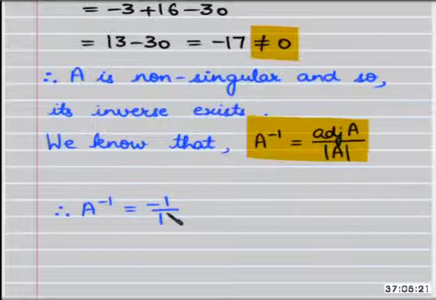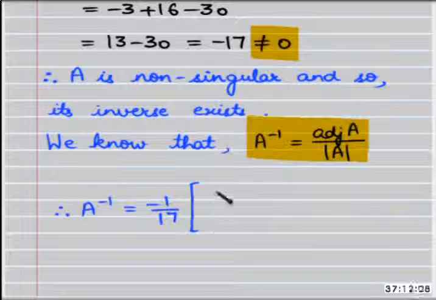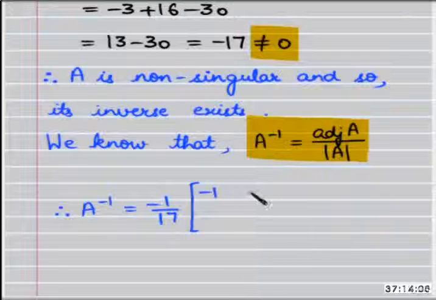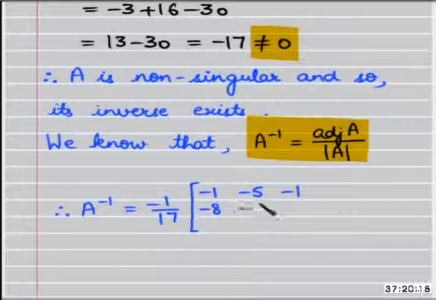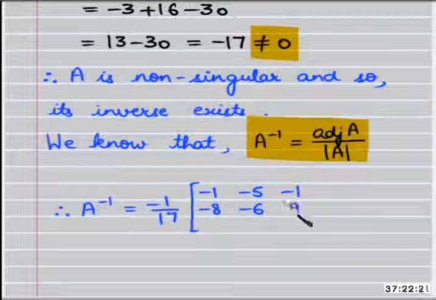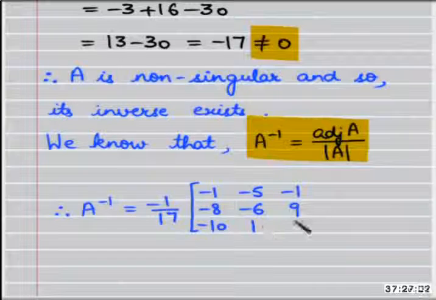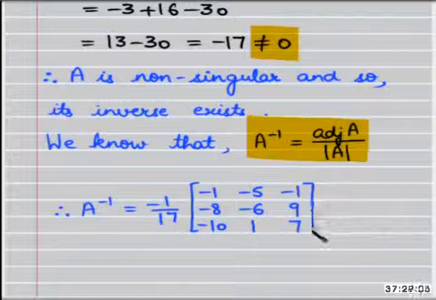minus 1 upon 17 into 3 by 3 order square matrix whose first row elements are minus 1, minus 5, minus 1. Second row elements are minus 8, minus 6, 9, and third row elements are minus 10, 1 and 7.